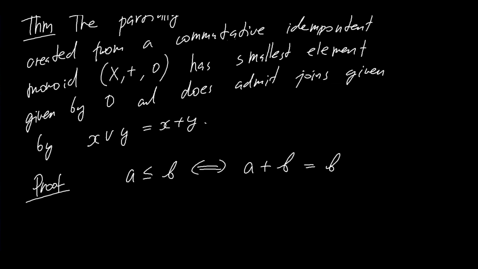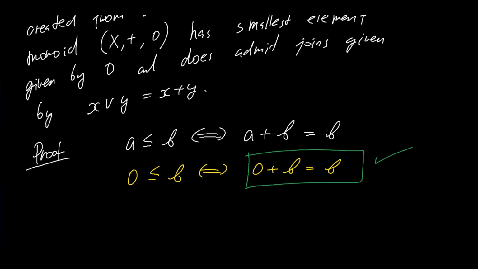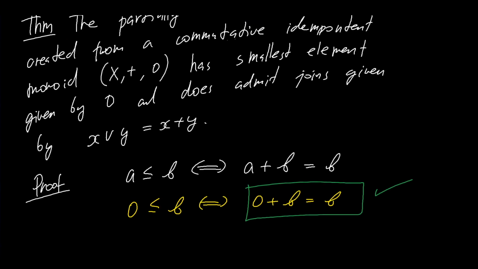Now, if I insert 0 here, this will be equivalent to 0 plus B equals B, which is true, because 0 is the identity element. So this thing is true. Therefore, this is always true. Therefore, my 0, the one coming from the monoid structure, is indeed the smallest element. So that confirms the first part of the theorem.